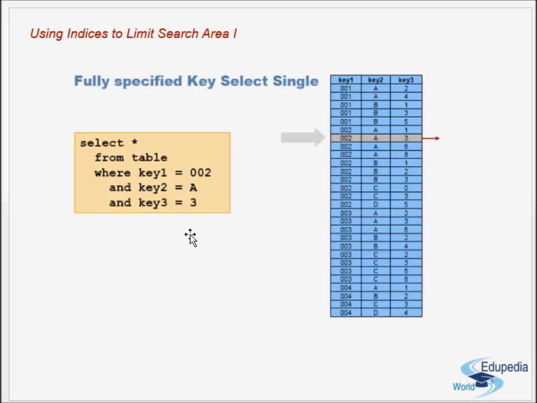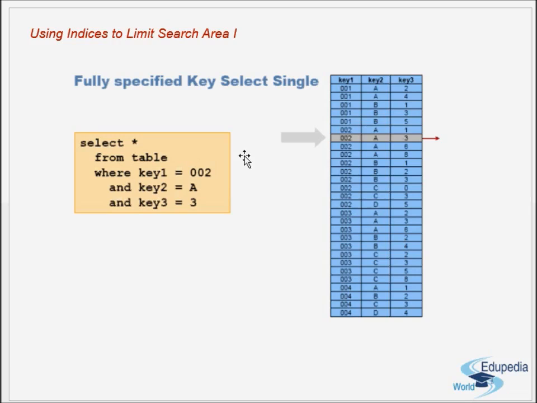Now, using indexes to limit the search area, 1: fully specified key, single select. Select star from table where key 1, key 2, key 3 equal to these values.